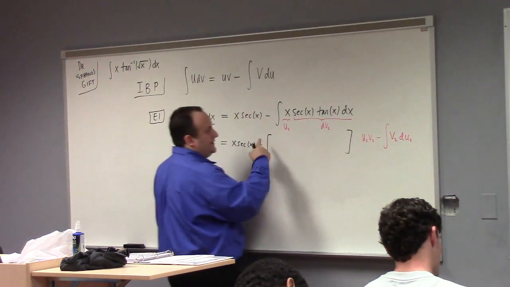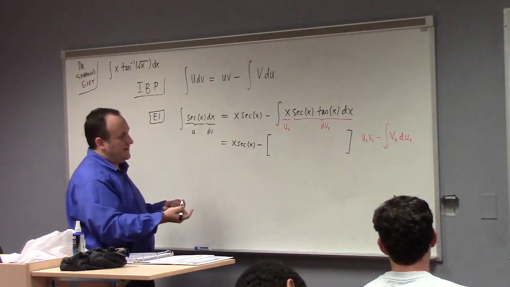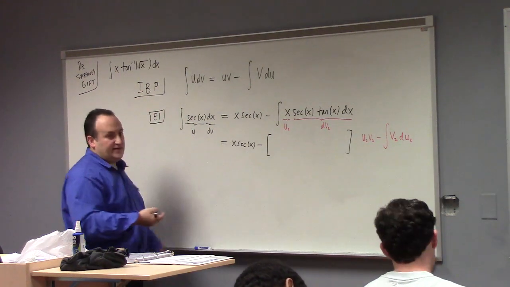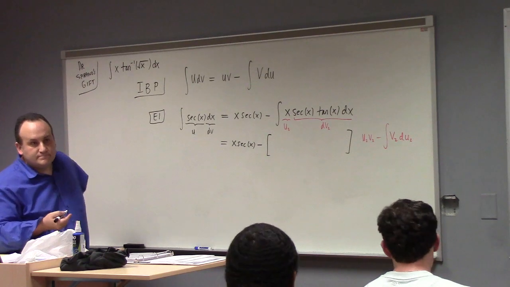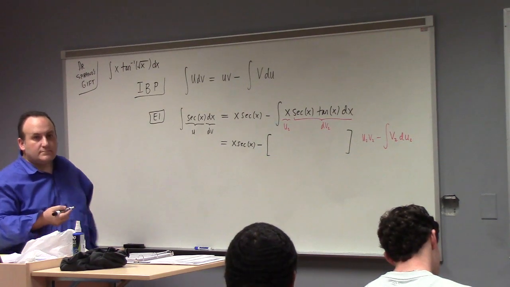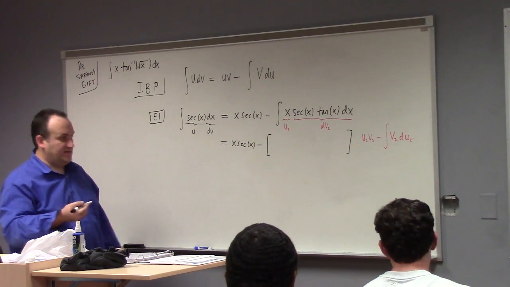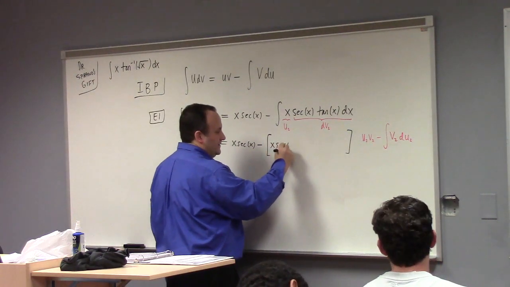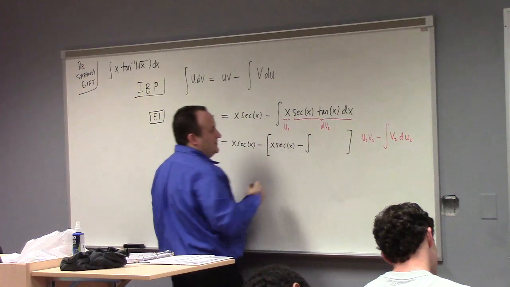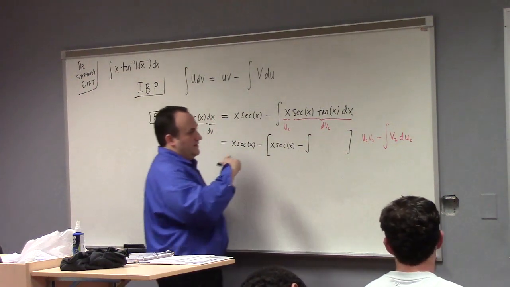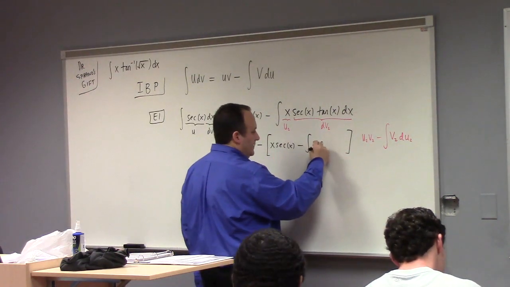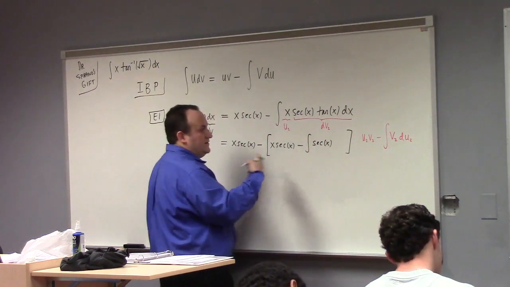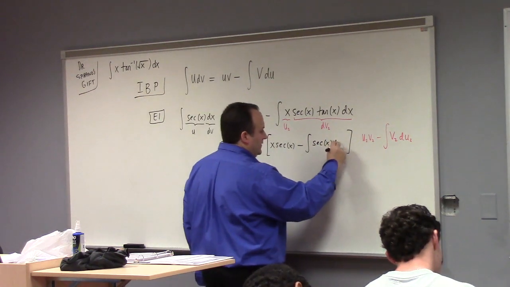Doing that, what's my u2? Well, u2 is x. What's v2? What's the integral of secant tangent? Just secant. So we have x secant x minus the integral of v, which was secant x, and then du2, which is dx.